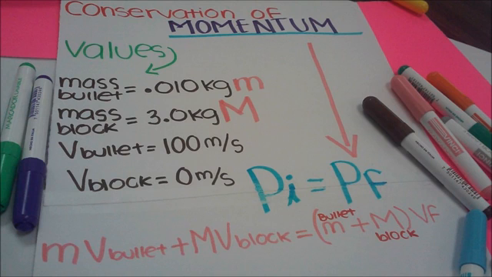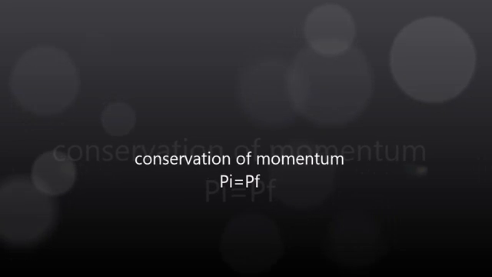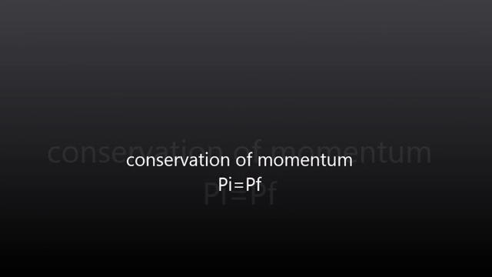The next thing is to write the formula for conservation of momentum, which states that the total momentum of two objects before the collision is equal to the momentum of the two objects after the collision, where P initial is equal to P final.